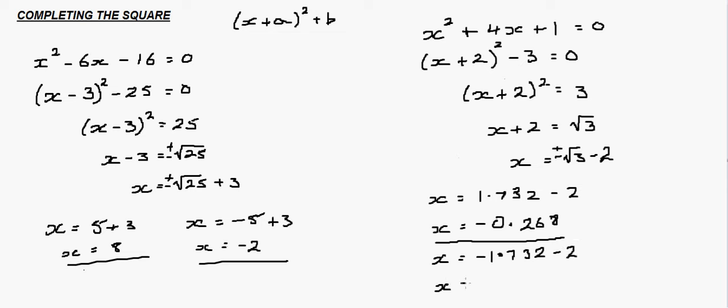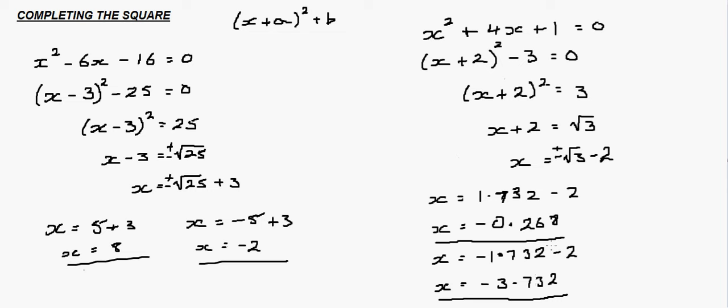So obviously x would equal minus 3.732, and that will be your second solution. On a calculator paper, which is usually where you will get this, you will get a root that you won't know and you'll have to use your calculator. So this is what we've done here.